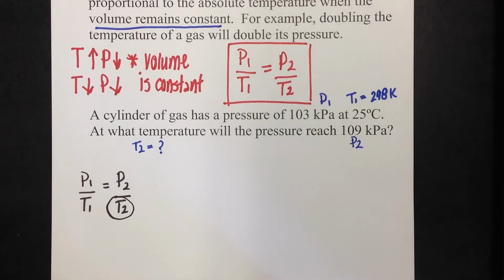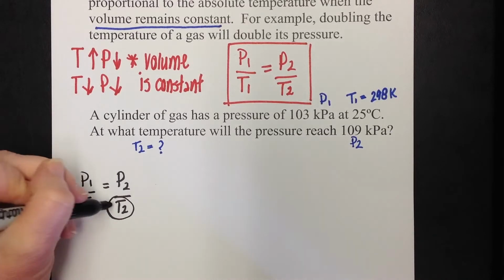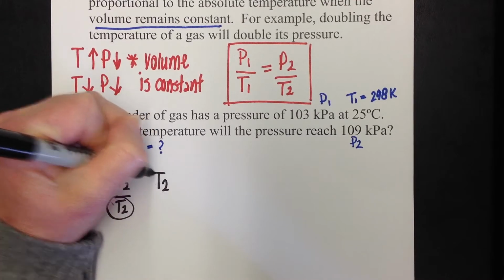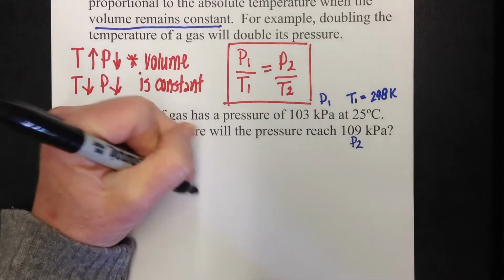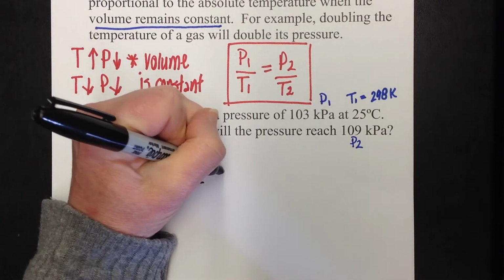And as I've mentioned in other videos, when you have fractions like this, just cross multiply to get everything on one line. It's going to make your life a lot easier. Because I want T2 on the left, that is T2 times P1, and the order you write those in does not matter, equals T1 times P2.